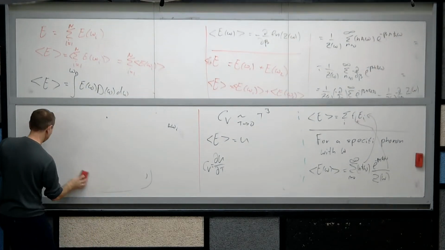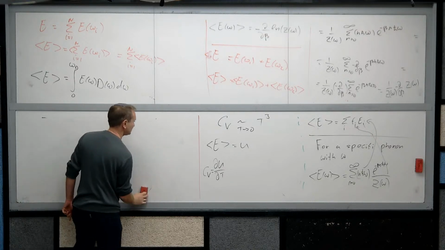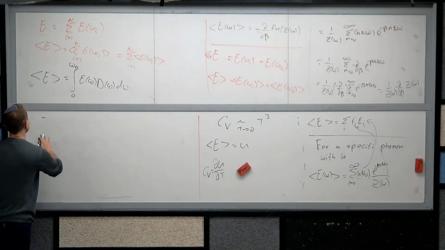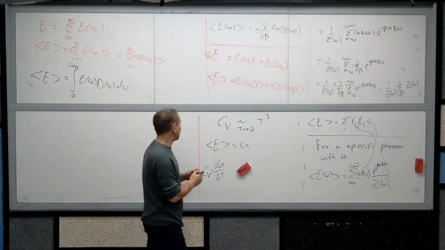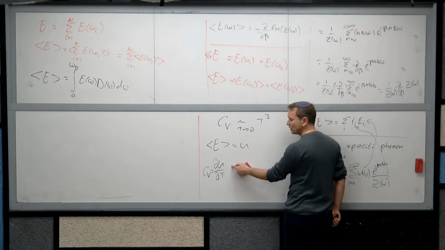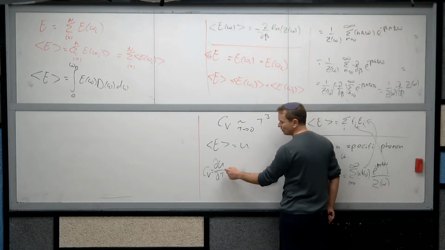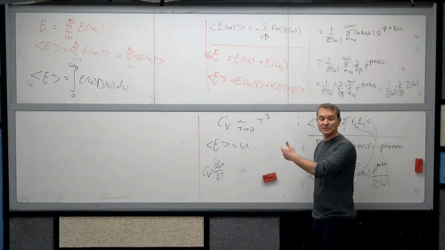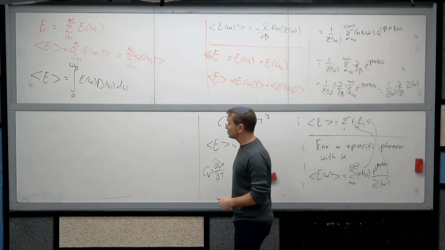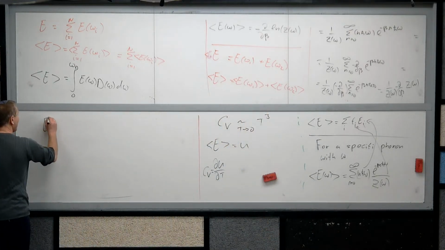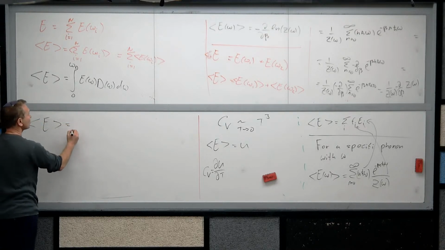So what we know is that the first step, remember, is to compute the average energy. The second step is to take the derivative with respect to temperature of the average energy, and then take the limit of small temperatures. And maybe let's see what also happens at large temperatures, right? But we have to do this for this integral.